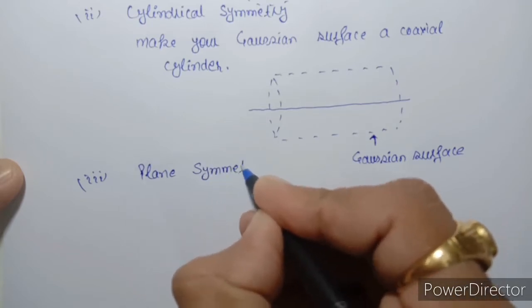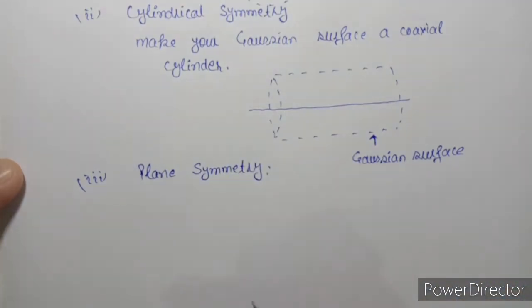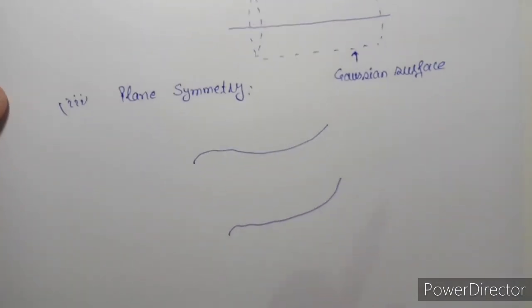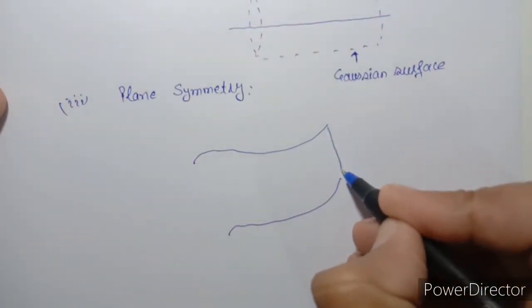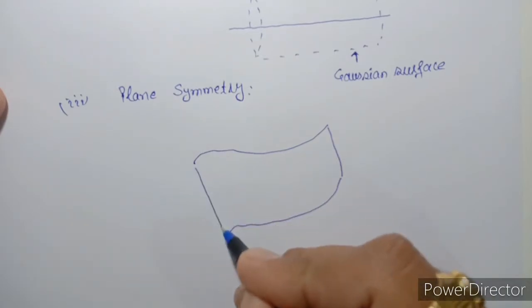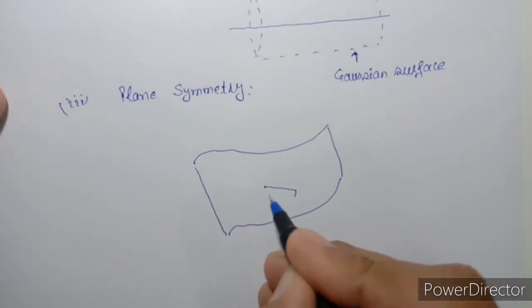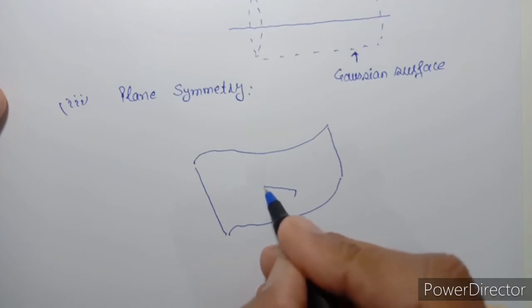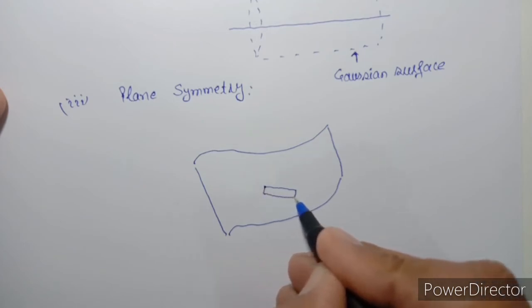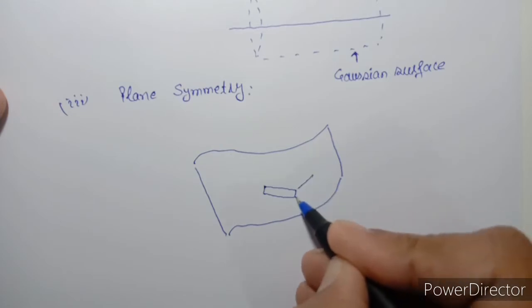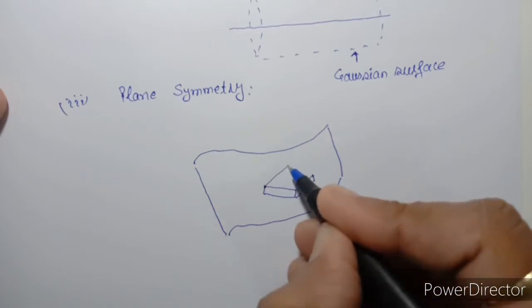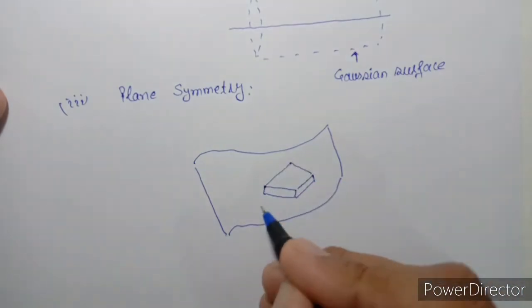So here suppose this is a plane, and in this case we will introduce a Gaussian pillbox.